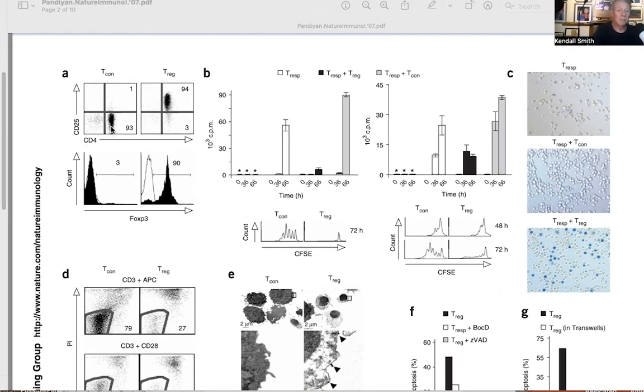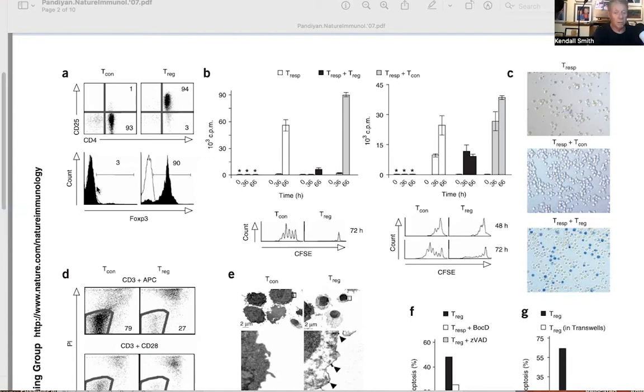After they've been purified, she's gotten 94% CD4 positive cells, only 1% IL-2 receptor alpha chain positive. Whereas in the regulatory T cell compartment that she's purified, 97% are CD4 positive, and 94% of the total are CD25 positive.